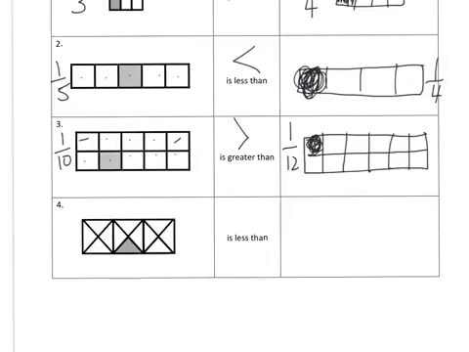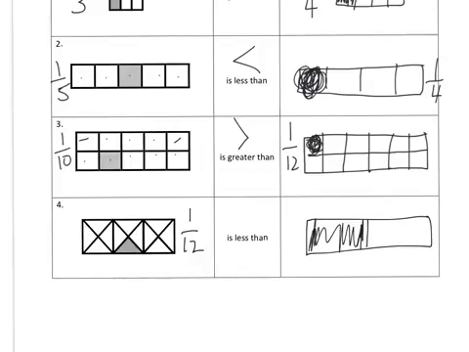If we just did 1/12 is less than, same shape, and if you just cut that in half, you could say that 1/12 is less than, or a smaller piece than, 1/2. 1/12 is less than 1/2 because this piece is much smaller than this piece. Alright, we're going to move on to the next problem.